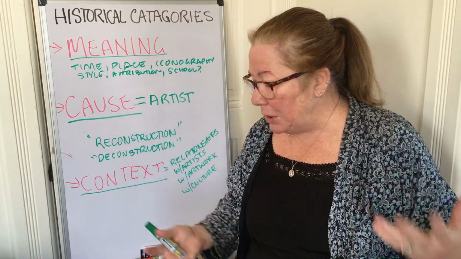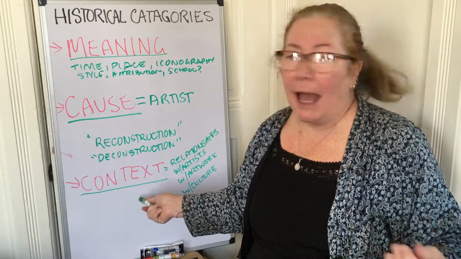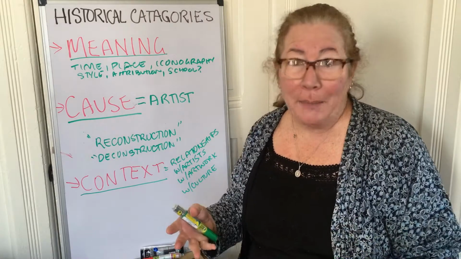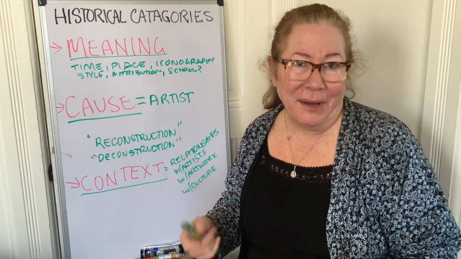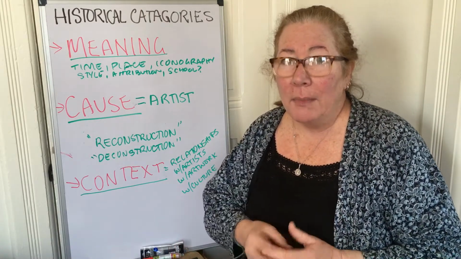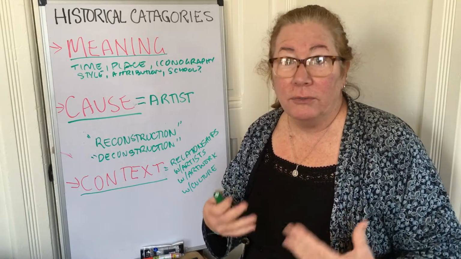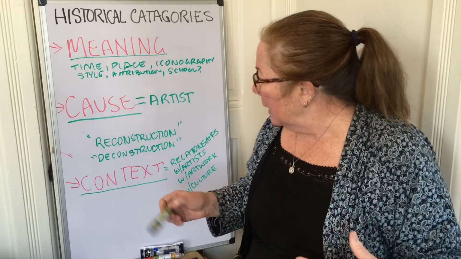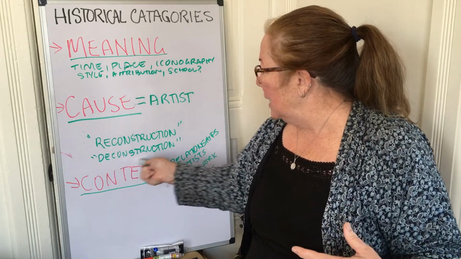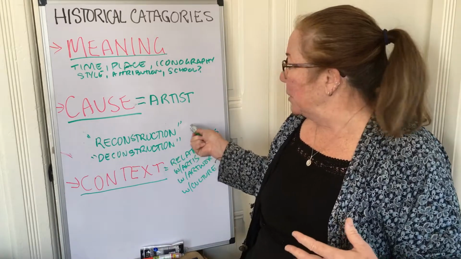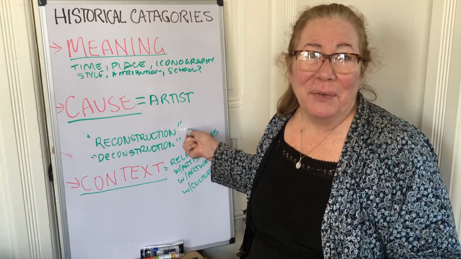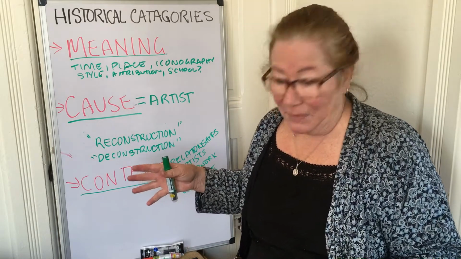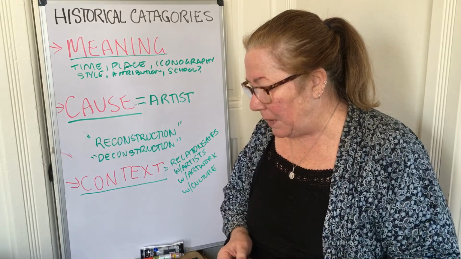So I think it's important to understand that as we're using these vocabularies and learning what they mean so that we can talk about art in a specific way, we are coming to it through our own cultural bias and prejudice. And so recognizing that can help us to deconstruct so that when we do reconstruct, we're doing it a little bit more equitably.